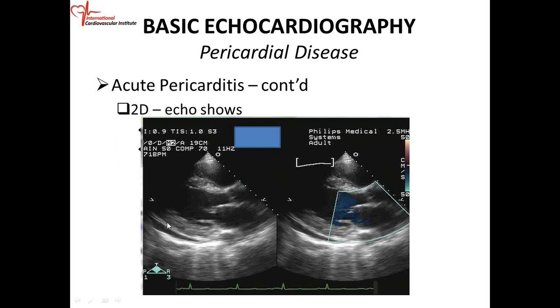So whenever you have any fluid which is black, which is anterior to the descending aorta, that's usually pericardial effusion. If the fluid is posterior, behind the descending aorta, then it's usually pleural.